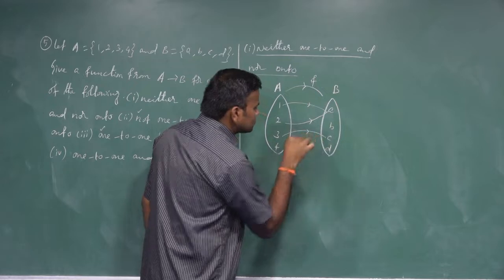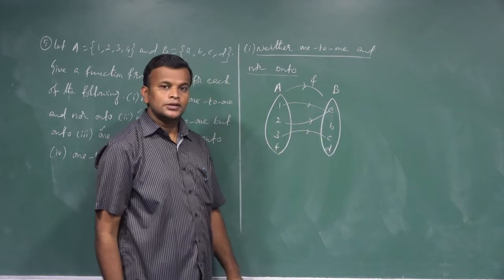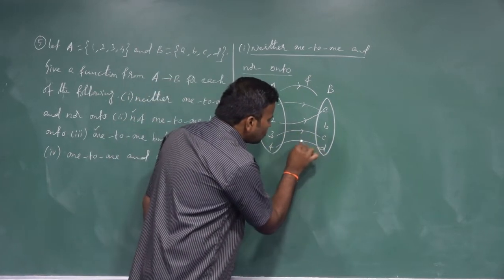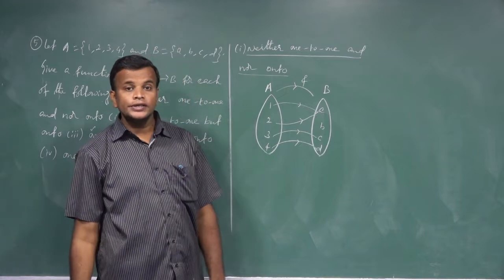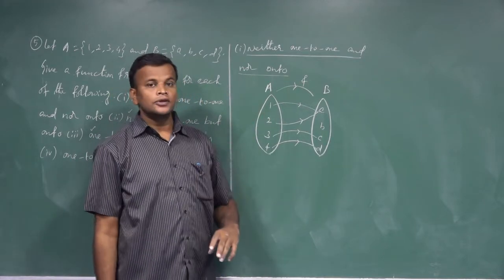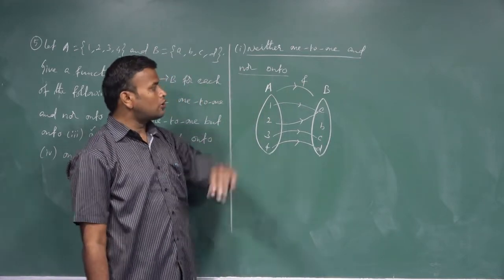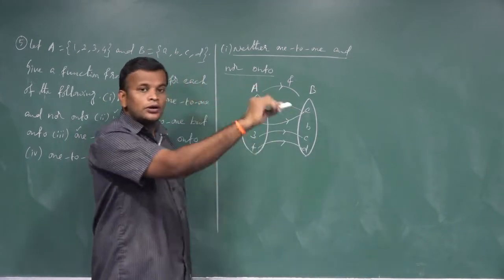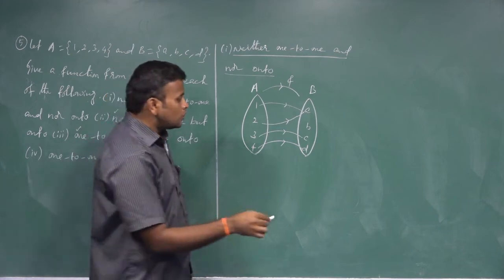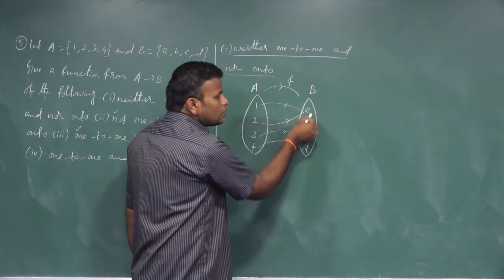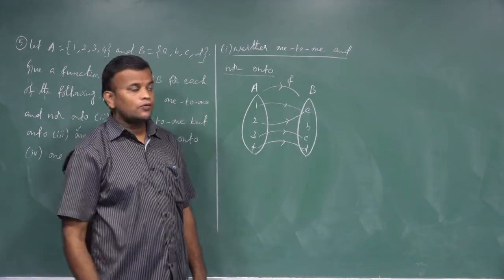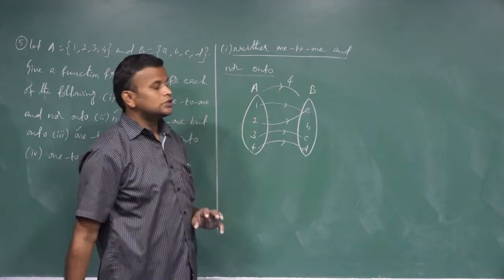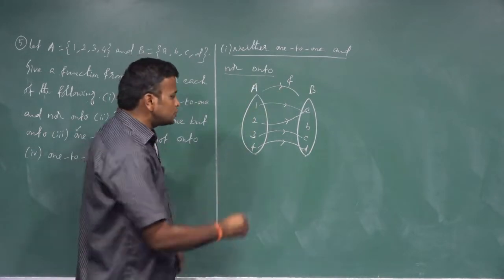And suppose 3 goes to c. 4 goes to d. Now I say the function f is neither one-to-one nor onto. Check. These two elements have the same image, therefore it is not one-to-one. And also the element b in codomain has no pre-image. Therefore the function f is neither one-to-one nor onto.